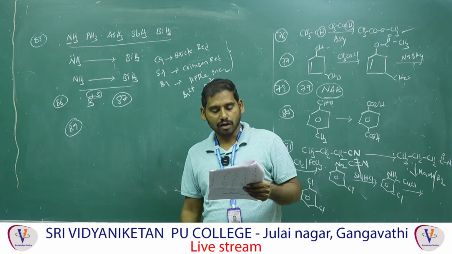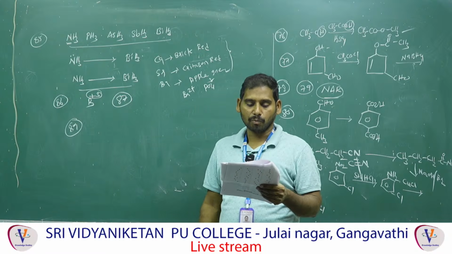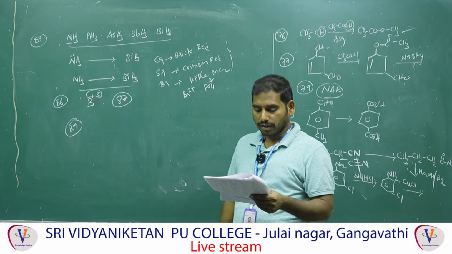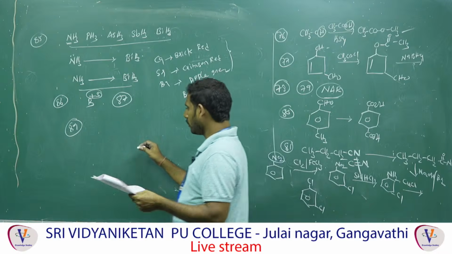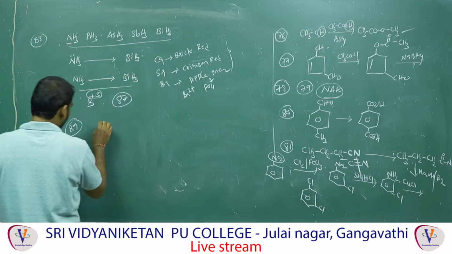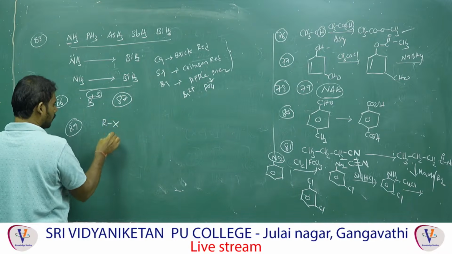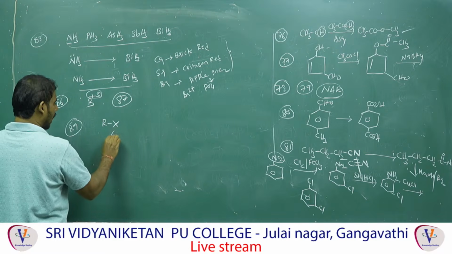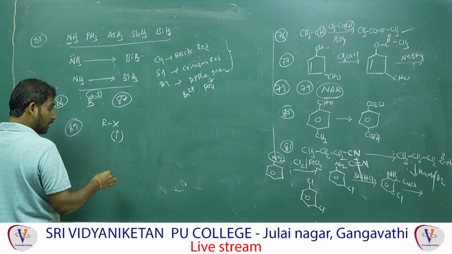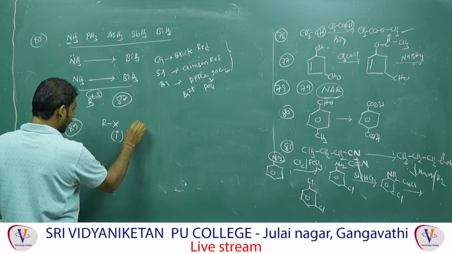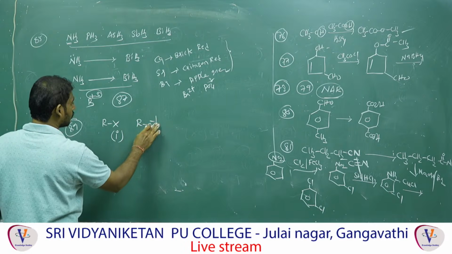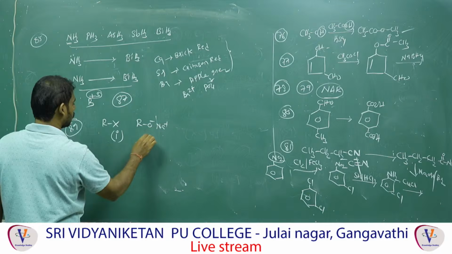To make this ether, which of the following reactions will be most suitable? Ether formation means the combination of alkyl halide and alkoxide. Observe now, for better yield the alkyl halide must be primary and the alkoxide ion must be tertiary.